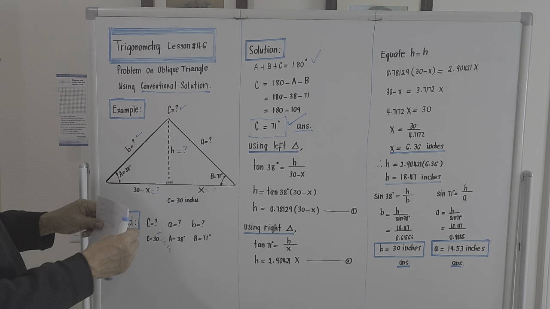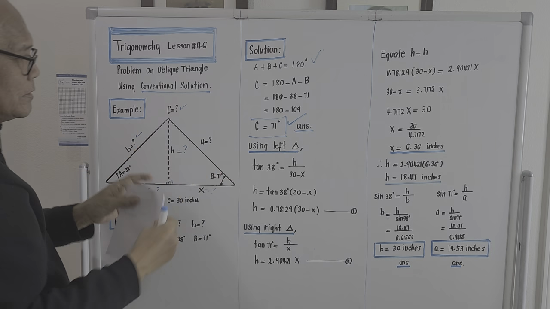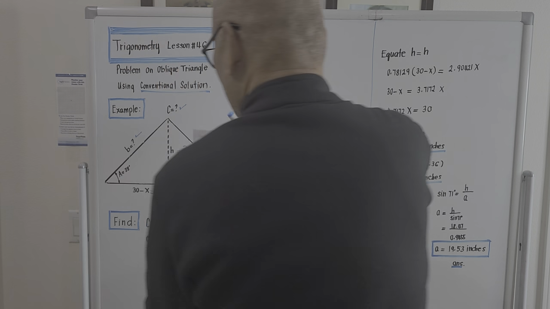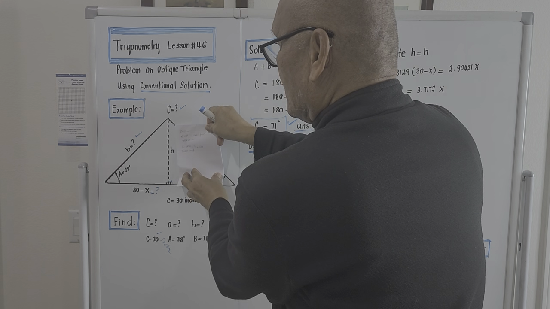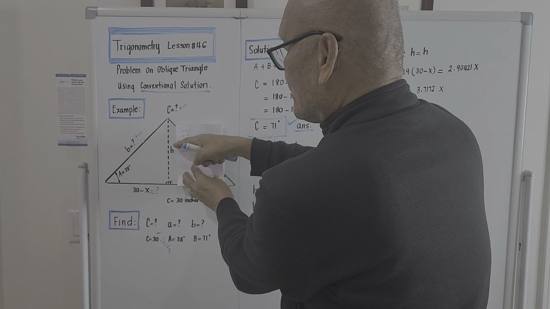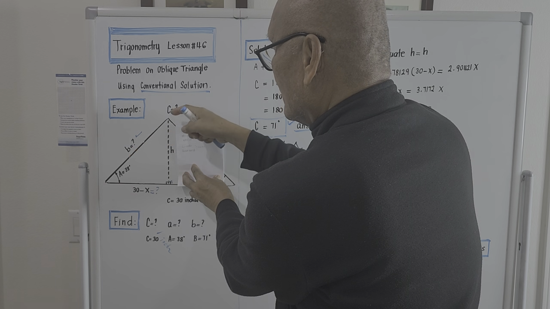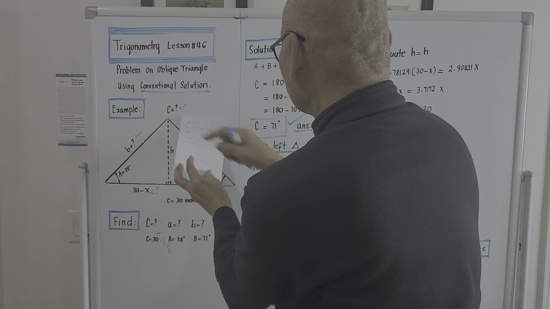So by using the left triangle, considering 38 degrees, the relationship of this side and this side is tangent. Opposite over adjacent is tangent.